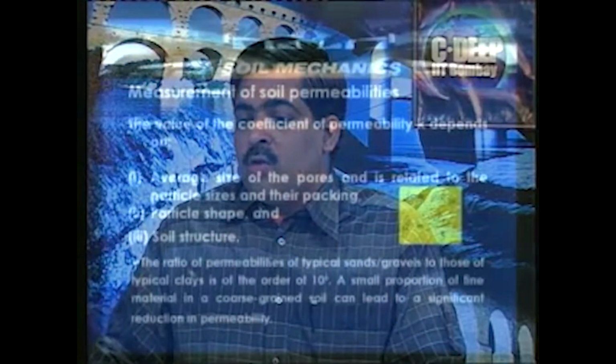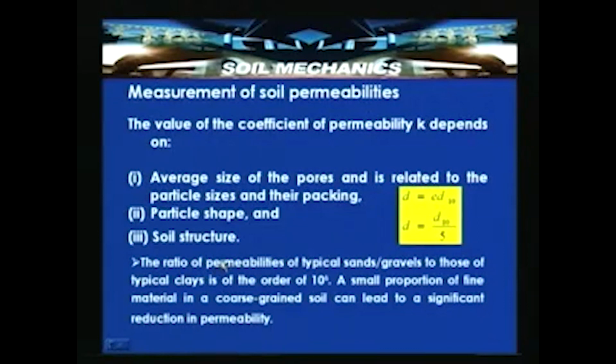What we discussed in the previous lecture is that the ratio of the permeabilities of typical sands and gravels to those of typical clays is of the order of 10 to the power of 6. As we have seen in the previous slide, clay and sand have a distinct difference in permeability values.